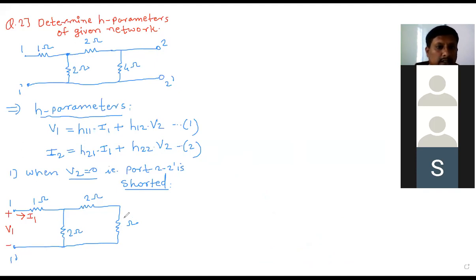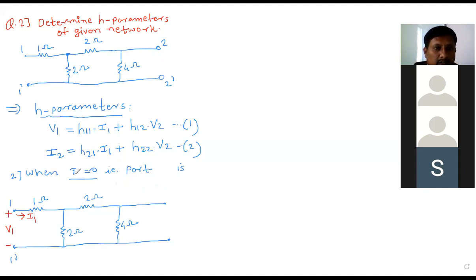So here this is 4 ohm. Now we are opening the first port. Okay, so second part we are starting now.